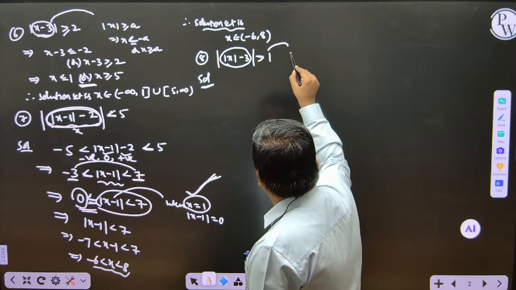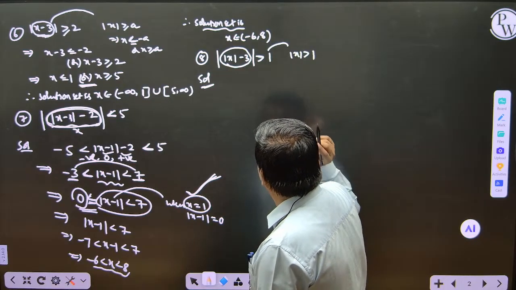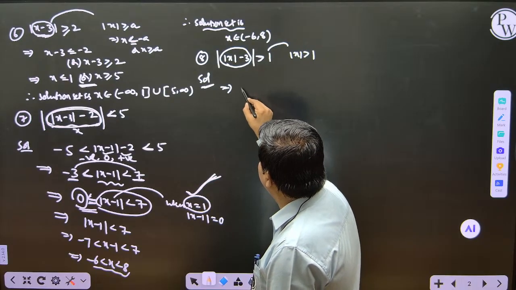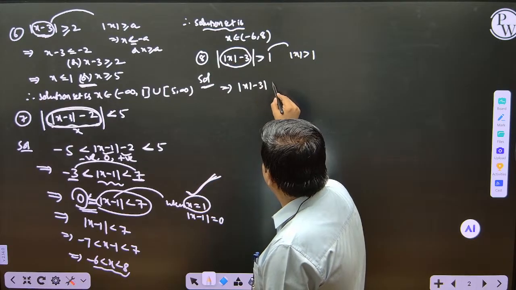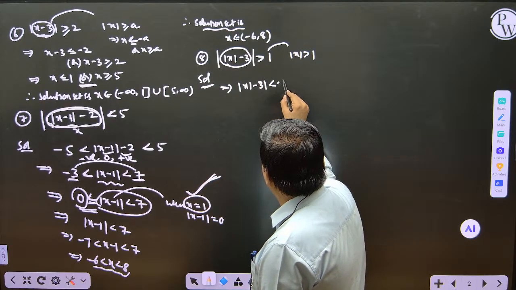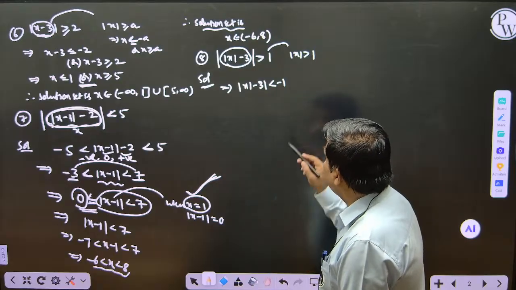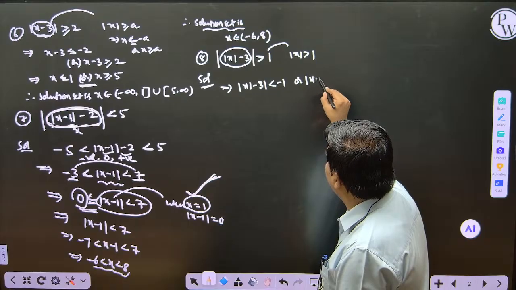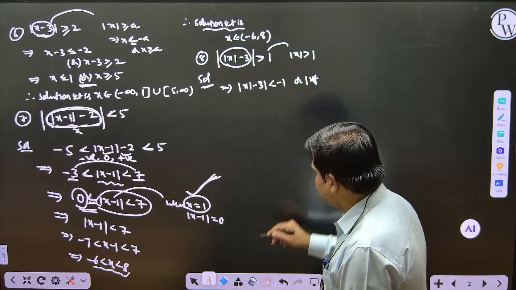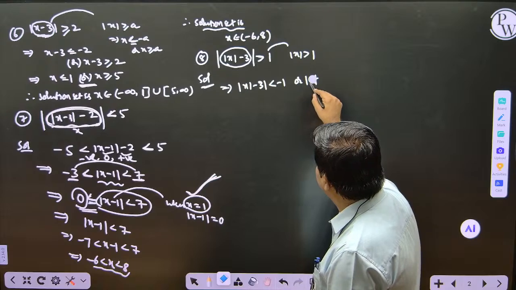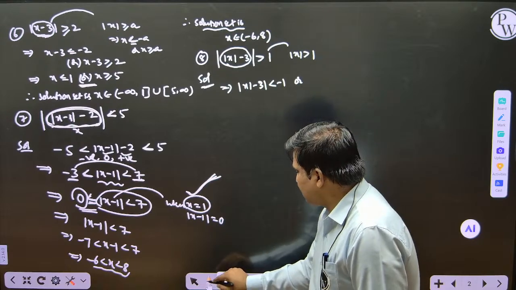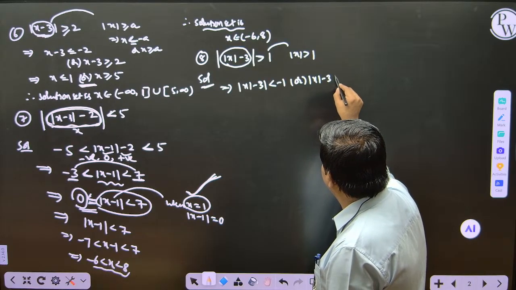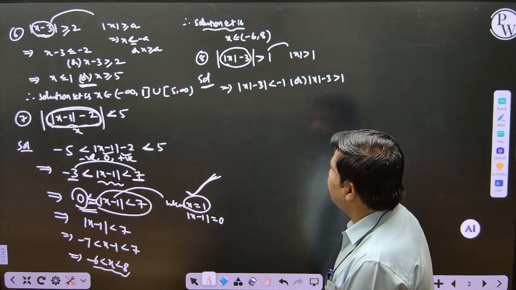Then it looks like the mod x greater than 1 form. So that implies x is less than minus 1 or x greater than 1, the formula.